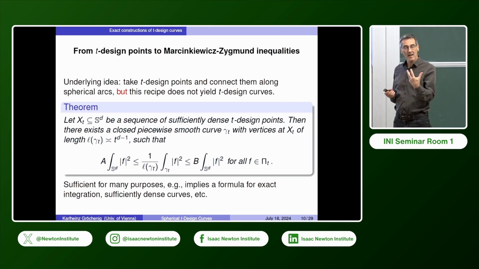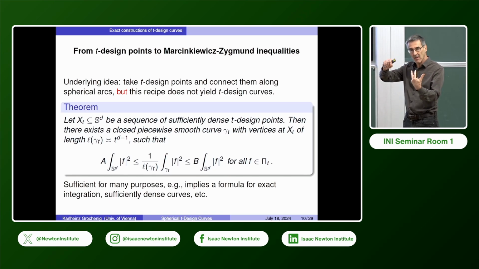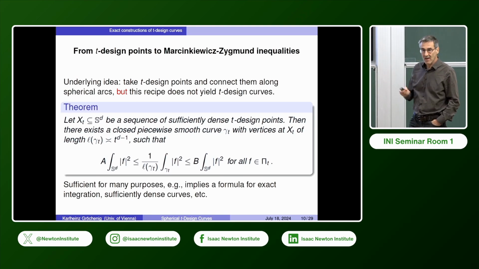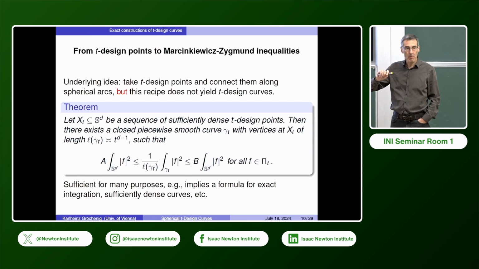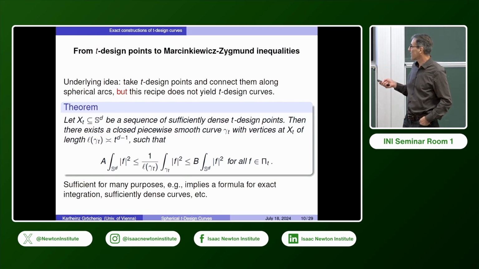So the idea of taking t-design points and connecting them along geodesic arcs at least gives you something. It gives you Marcinkiewicz-Zygmund inequalities. So if you take a set of sufficiently dense t-design points and connect them suitably, to get a short curve, then you get the curve of length t to the d minus 1.